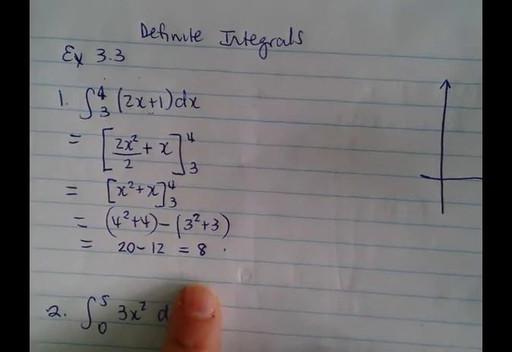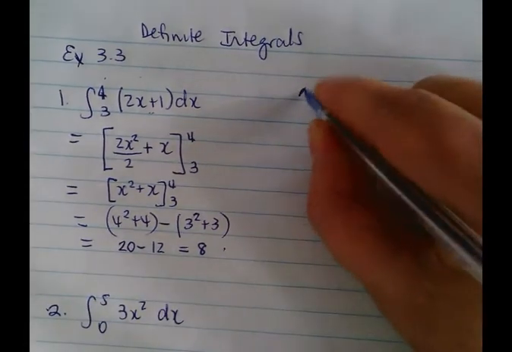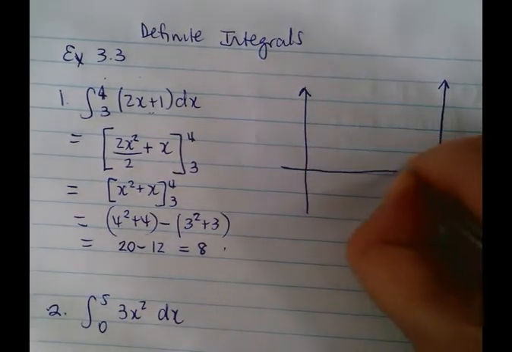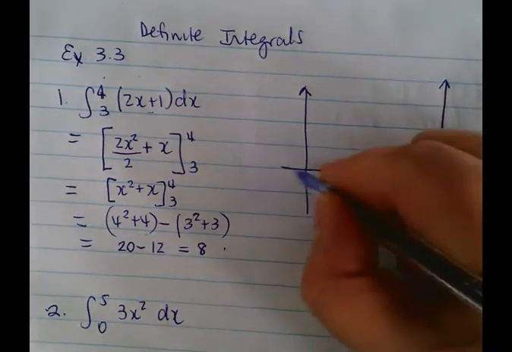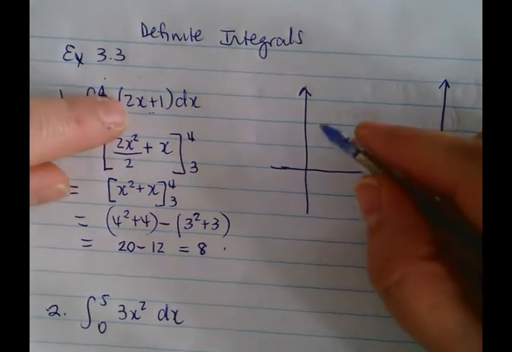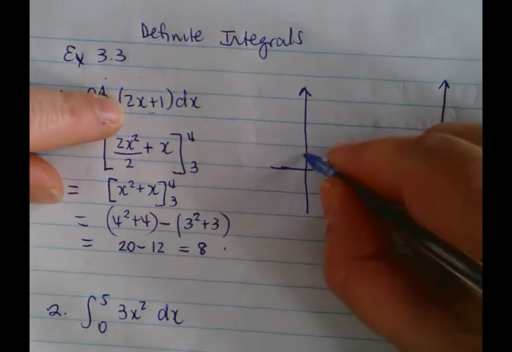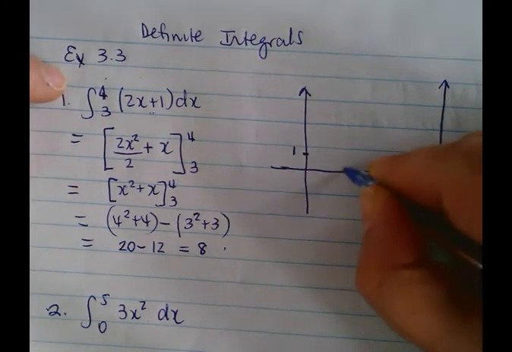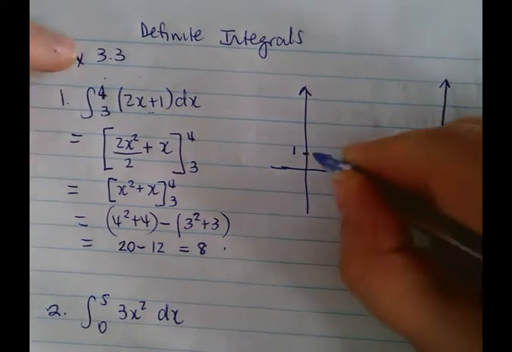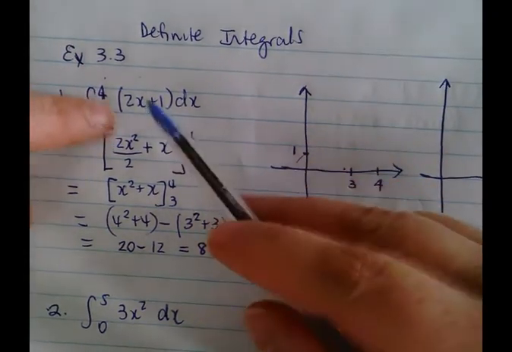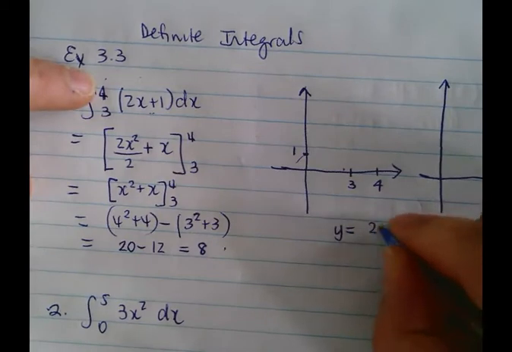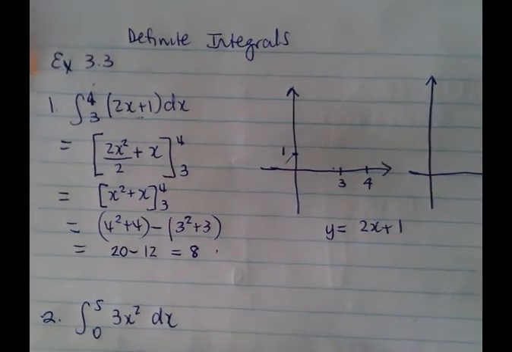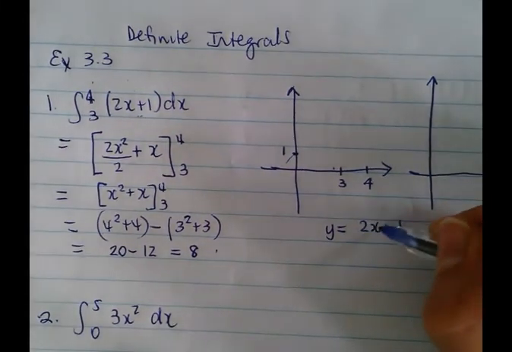Now, I want to show you how area under the curve is the integral. I'm going to draw the line y equals 2x plus 1. So I'm going to mark the values of 4 and 3. If I sketch y equals 2x plus 1, when x is 3, what's y?